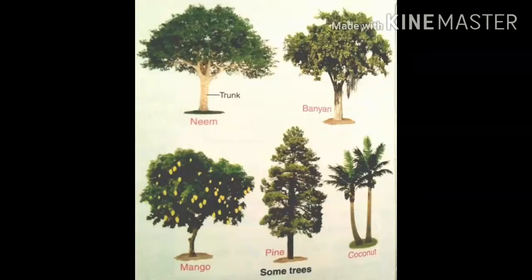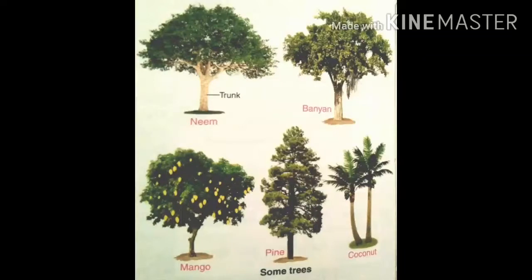Next one, trees. Trees are tall and large plants with hard and woody stems. They have one main stem that is called a trunk.